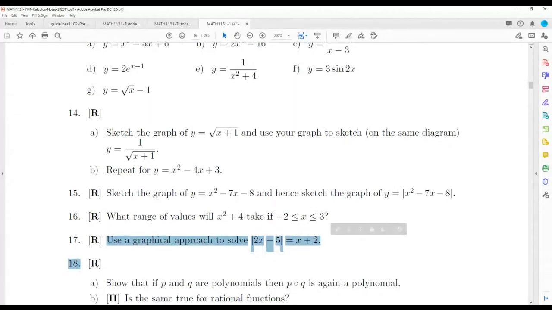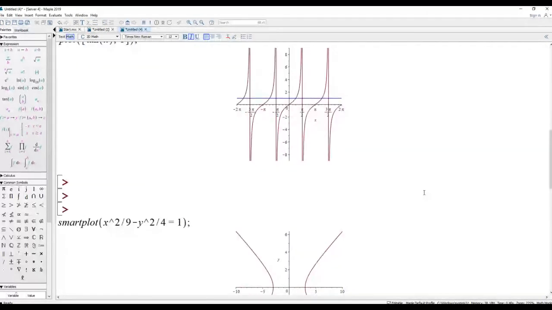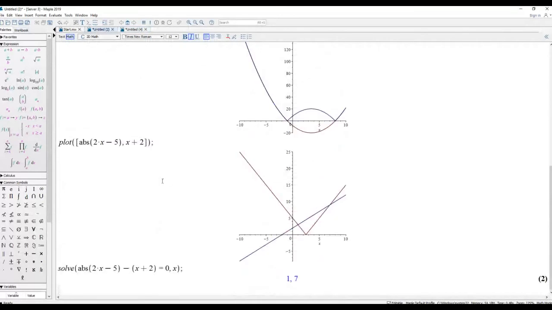Now you can do it algebraically, of course, but the thing that's a bit annoying is the absolute value signs. So let me show you how you can explore this with Maple if you want to, or you can do it with another program. I think I did one of these earlier today, so let me see if I can pull that out.